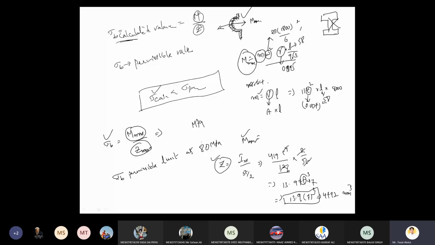So suppose if we get this calculated value less than the permissible 80 megapascal, then our design is safe. Hence, design is safe. Write the comment. So you people first calculate this m value and substitute here and get this calculated value, compare with this permissible value and write the comment. Okay.